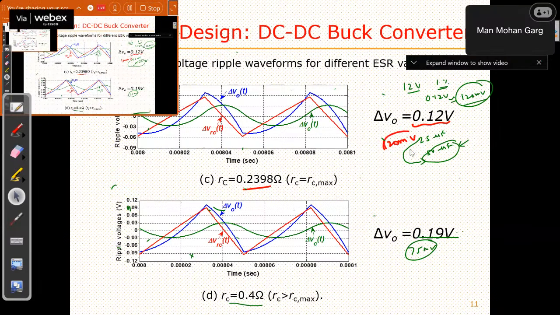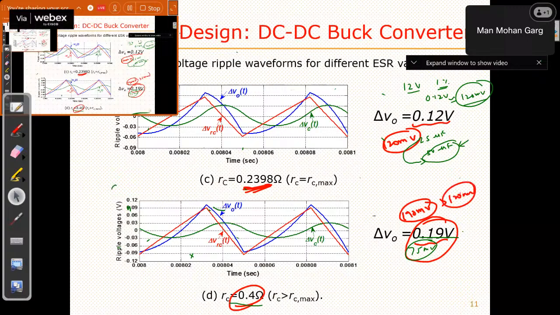Now this 120 millivolt is there. It means I have just reached 1%. But if I increase this ESR further, that is, let's say, 0.4, greater than this value, then what is happening? My output voltage ripple is now 0.19 volt, which is 190 millivolt, and it is greater than 120 millivolt. So I am crossing the design limit.